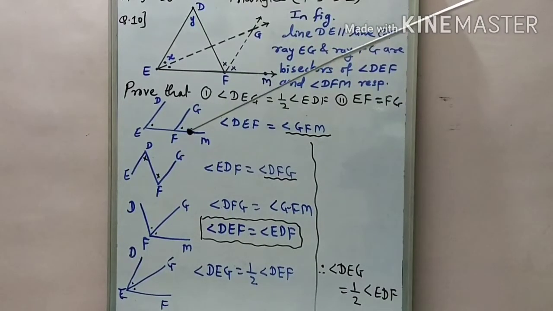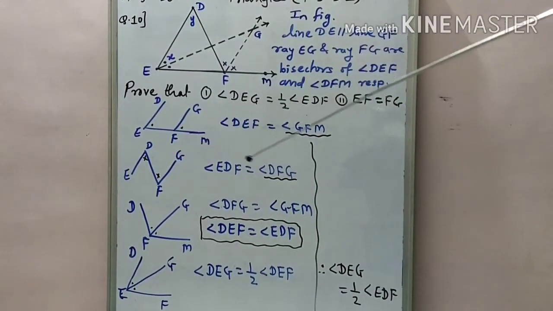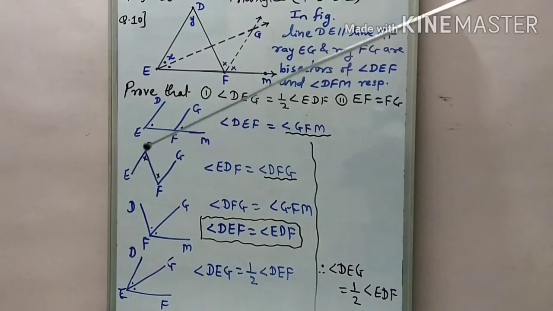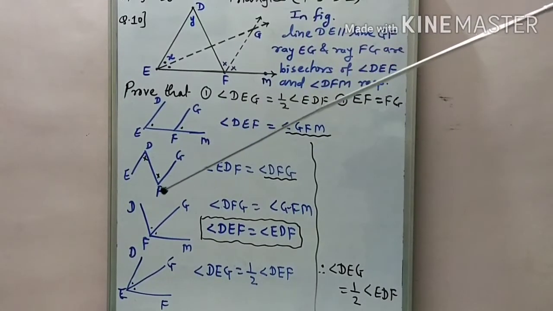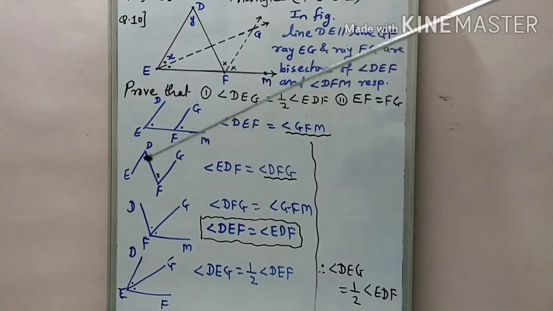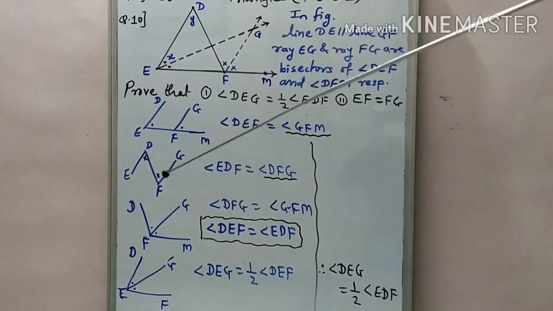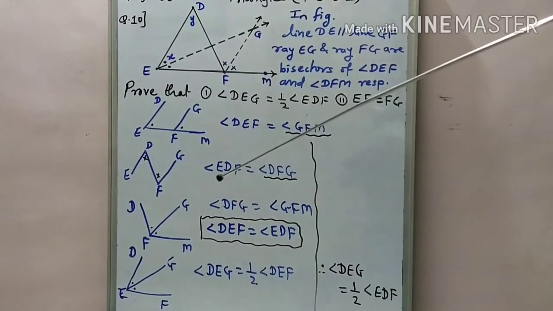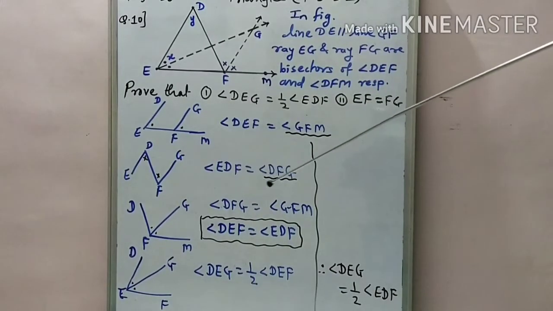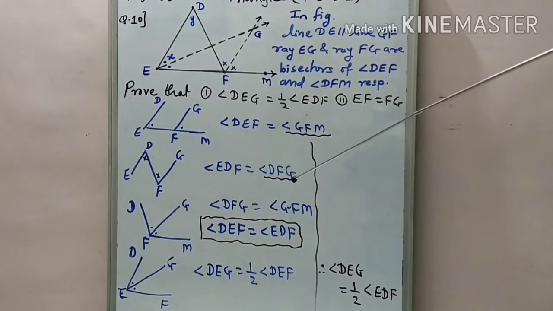Okay, then what we do here, students, again with the same parallel lines DE parallel to FG, and as we change the transversal to DF, here we get a pair of alternate angles, that angle EDF equals angle DFG.